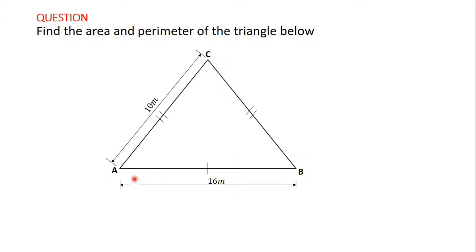We can see clearly AB is 16 meters and AC is 10 meters. That means that BC is also going to be 10 meters since AC is equal to BC. So this is an example of an isosceles triangle, and we are supposed to find the area and perimeter of this isosceles triangle.